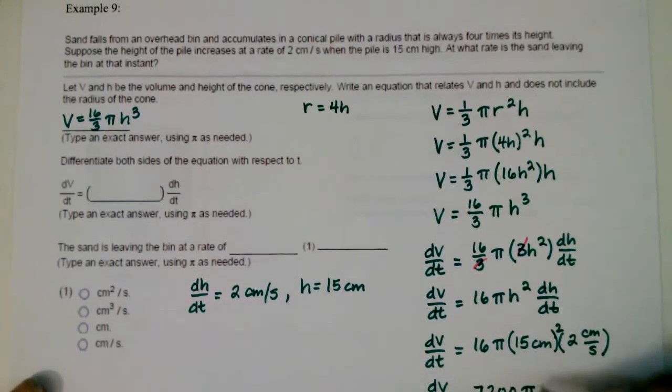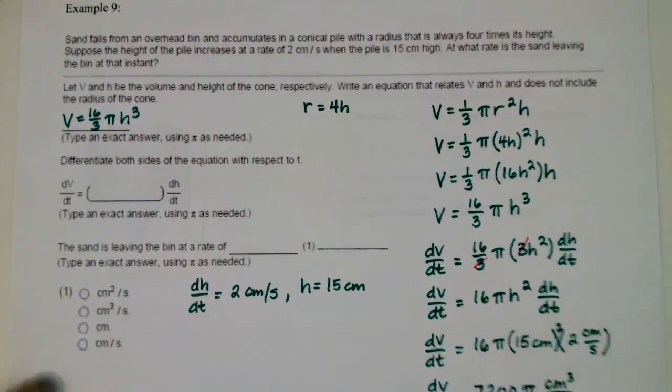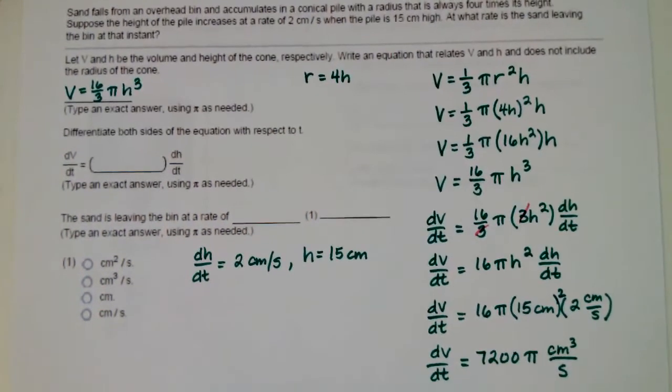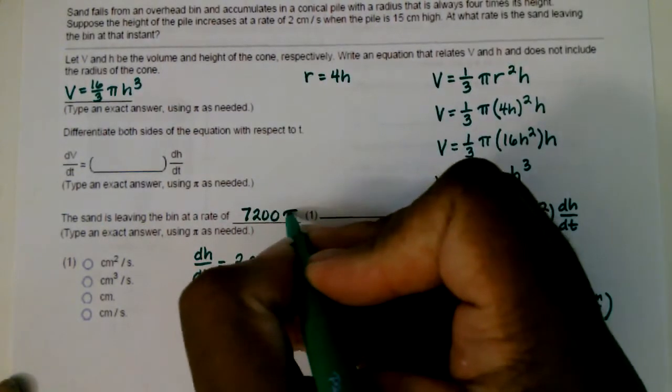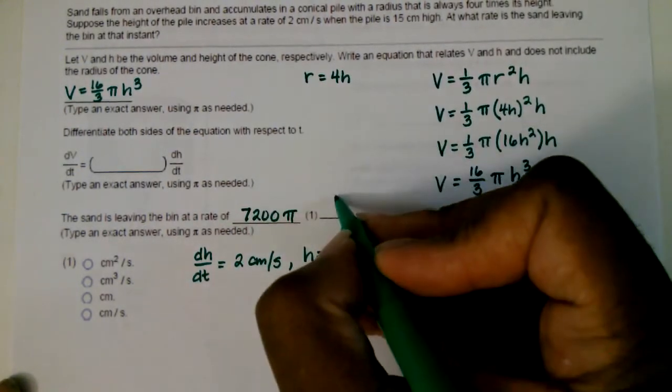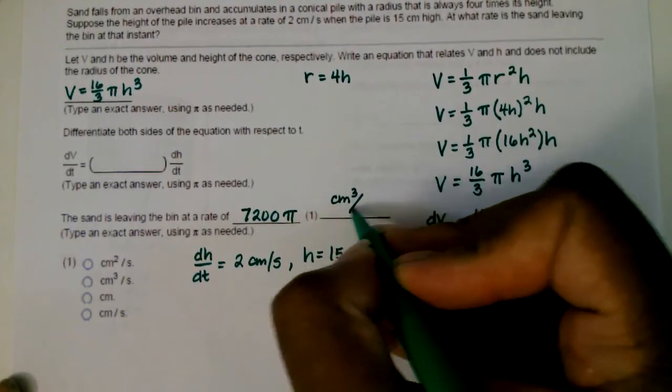Centimeters squared times another centimeters will be centimeters cubed per second. And they're telling us to give the exact answer using pi as needed. So here the sand is leaving the bin at a rate of 7,200 pi cubic centimeters per second.